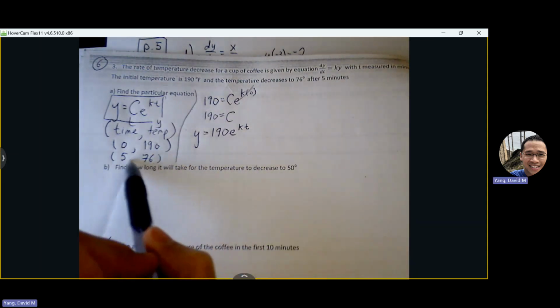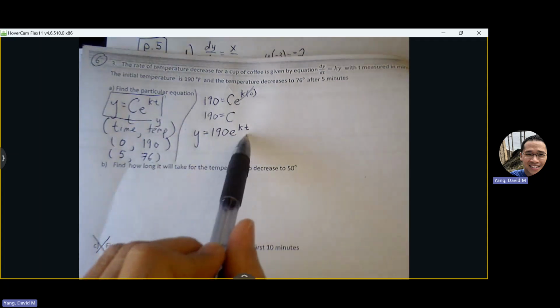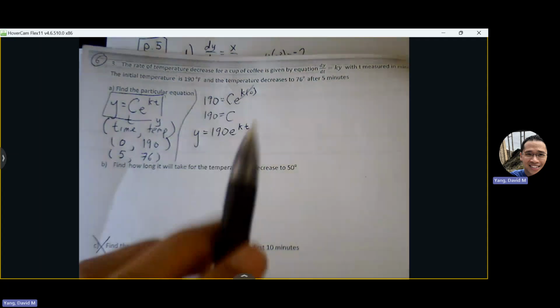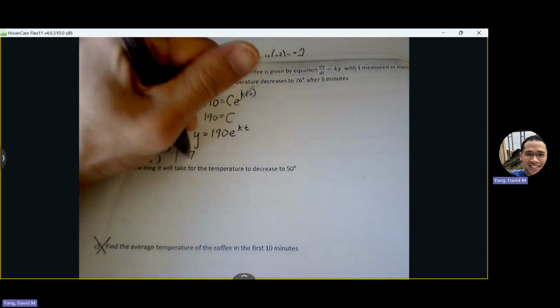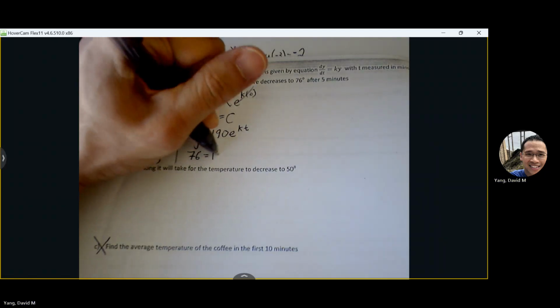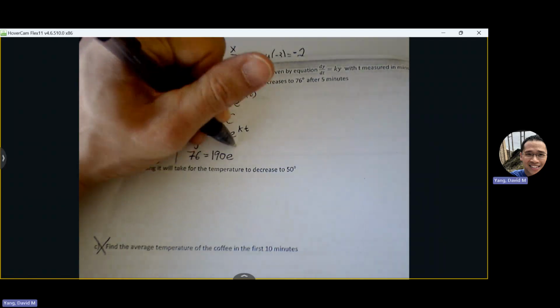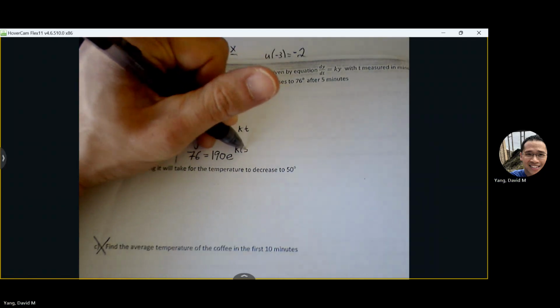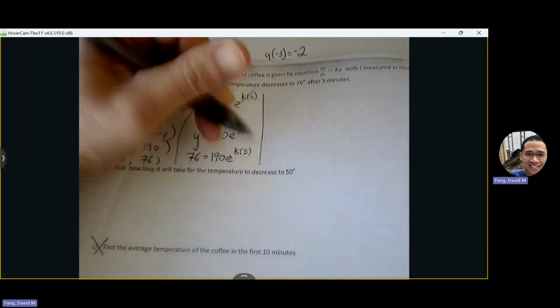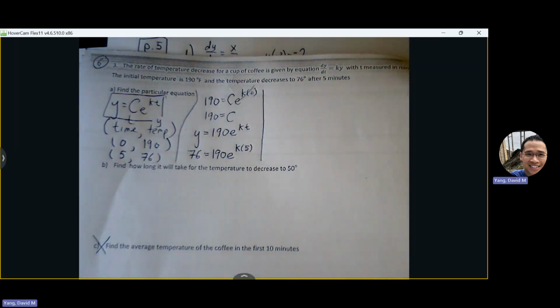And now you can move on to your second ordered pair. This will help you solve for k. So 5 in for t and 76 in for y. And then we're just algebraically trying to solve for k. k is stuck in the exponent. Eventually, we do want to involve natural log, but first, let's get that right side cleaned up.